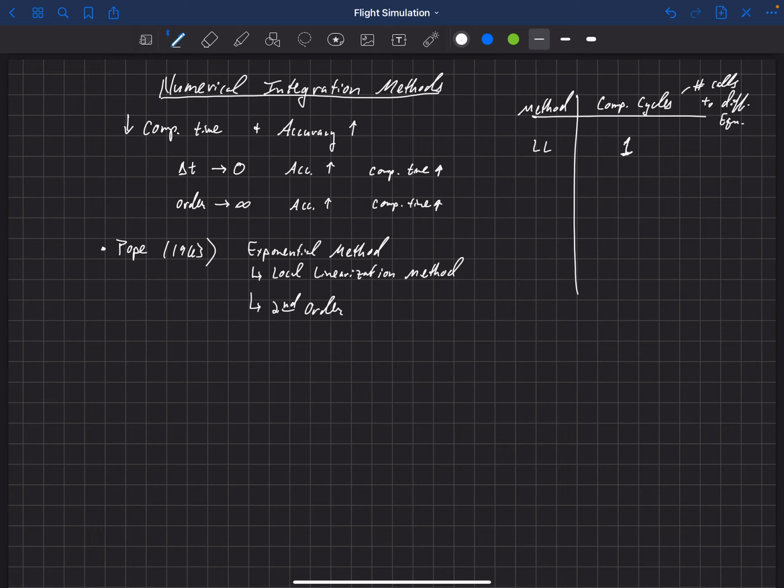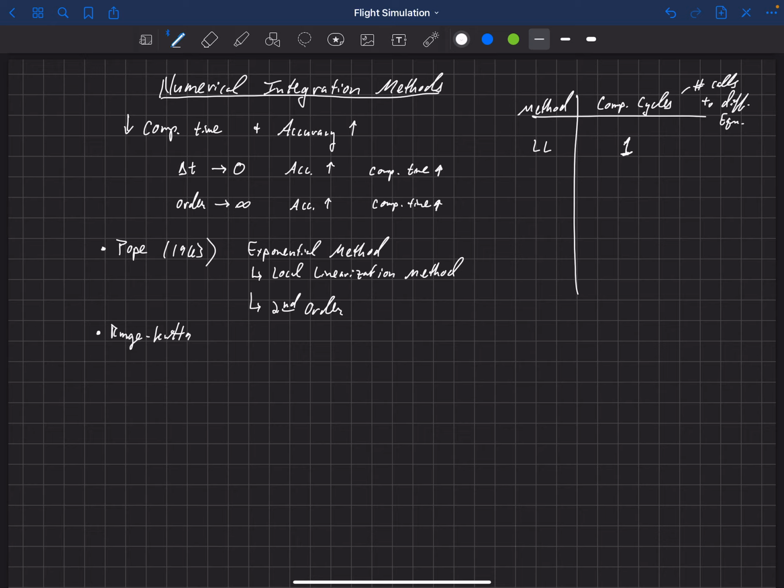Another common method is Runge-Kutta integration, and Runge-Kutta is actually kind of interesting. You can choose the order that you want in a Runge-Kutta integration. The traditional one is fourth order Runge-Kutta. I'm sure you've had a course where you coded up fourth order Runge-Kutta integration. That's probably the most widely implemented integration scheme.